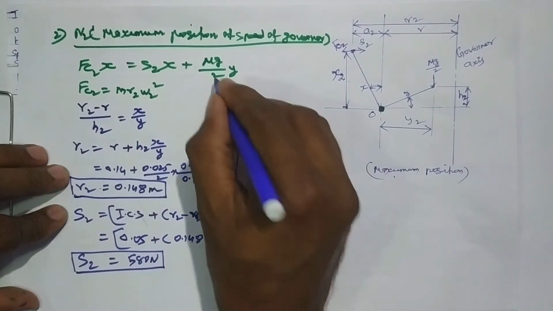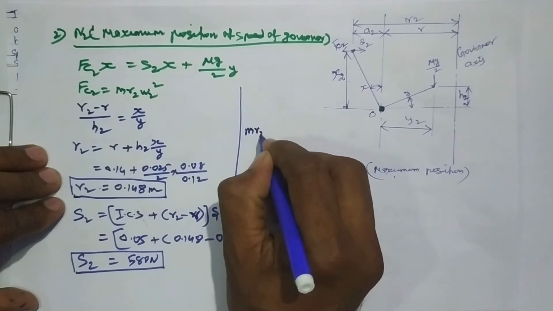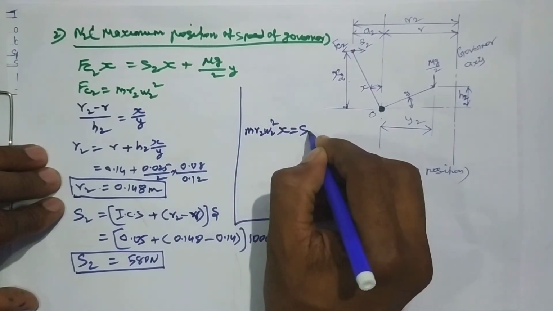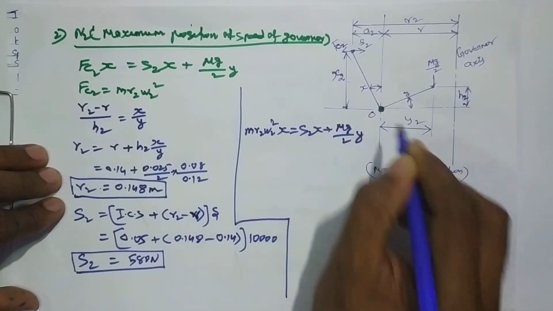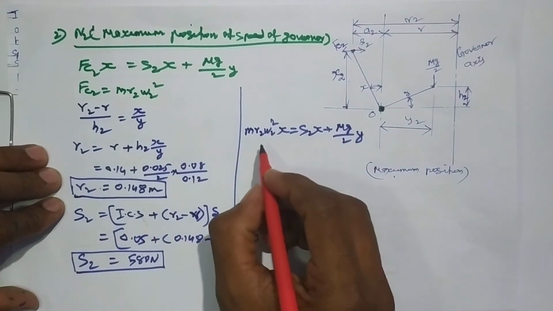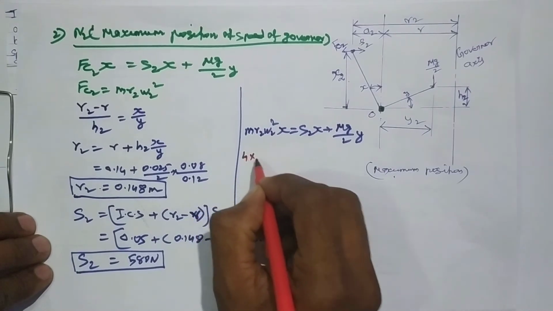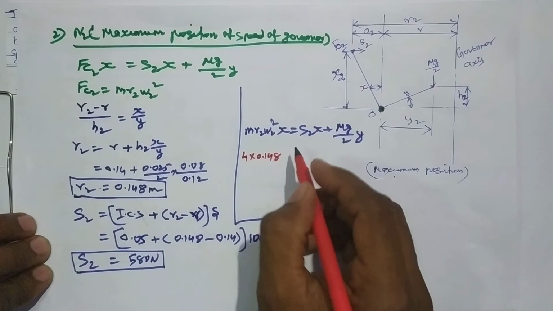So in this equation, write m r2 omega 2 square x equal to s2x plus mg divided by 2 into y. Now substitute all the values. So m, what is the value for m? You know that 4 into r2 0.148 we find out.